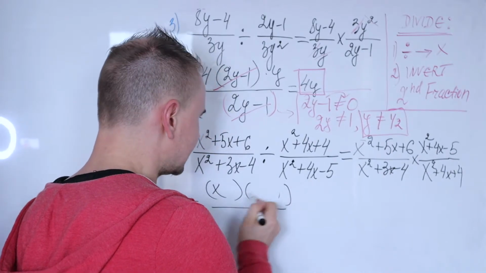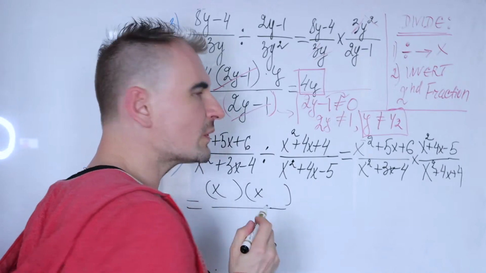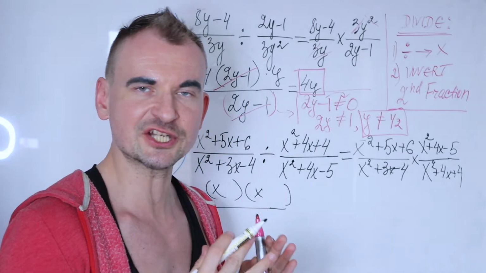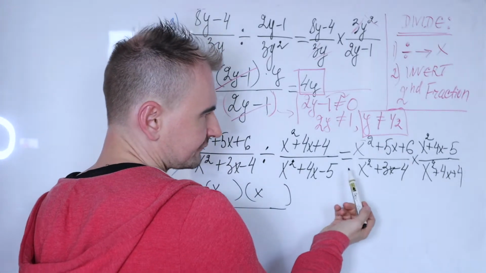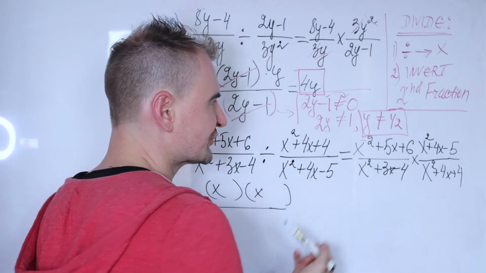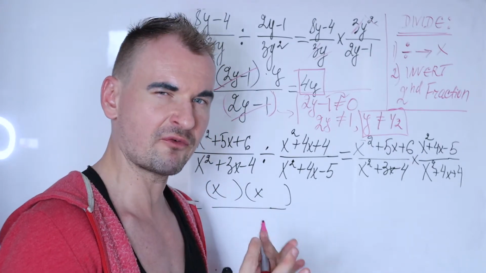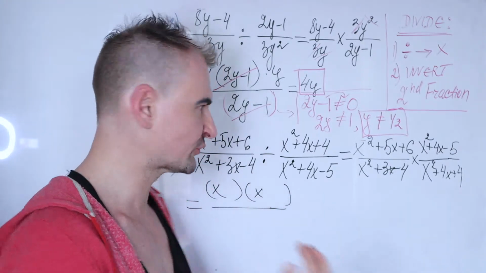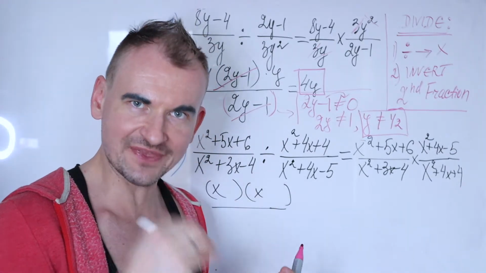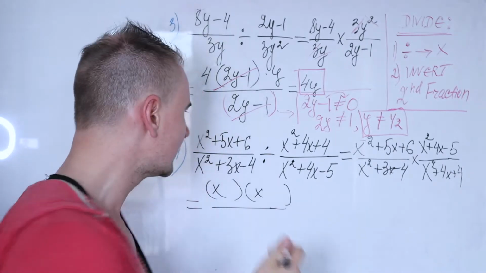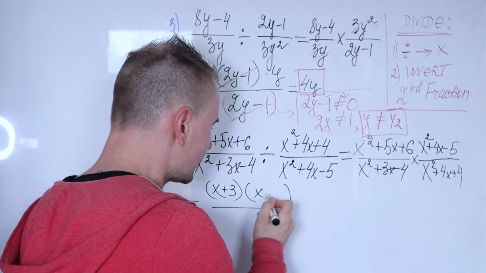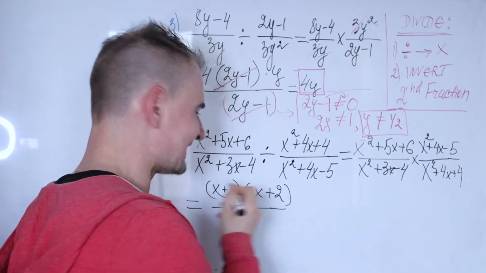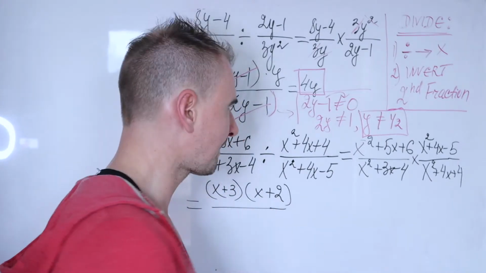So both starting with x, and you are looking for two numbers, to put it in a nutshell, that multiply to 6 and add up to 5. And since 3 and 2, their product gets to 6, and their sum, 3 plus 2, gives you 5, your factors are going to be x plus 3 and x plus 2.